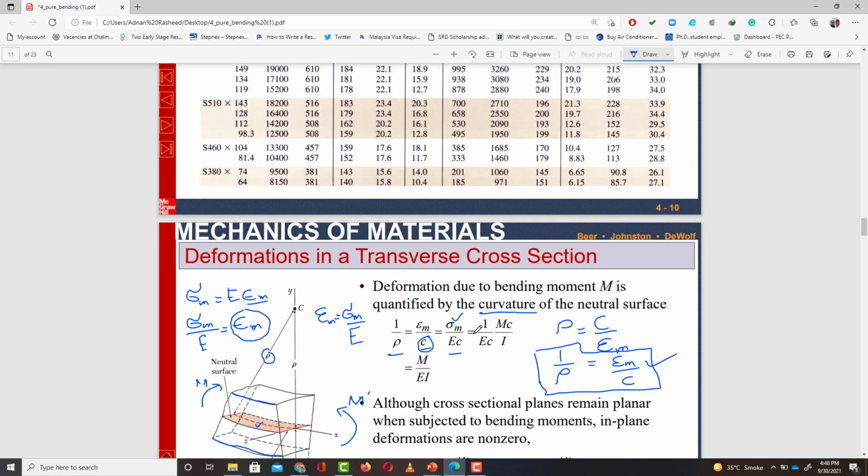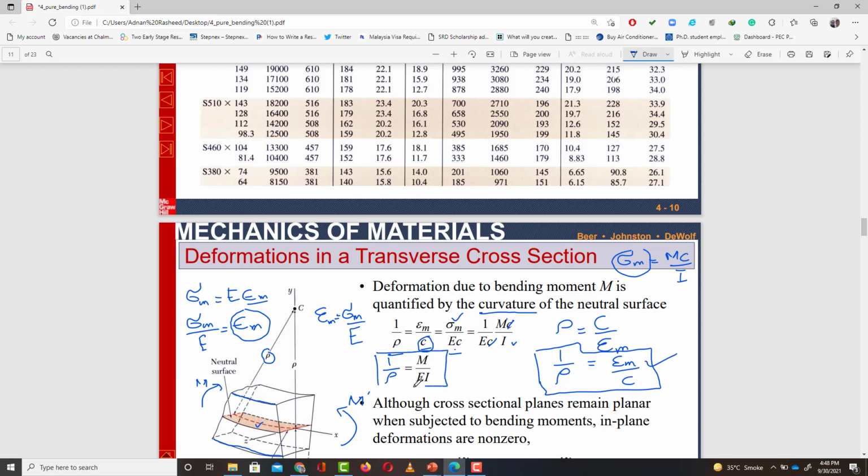Clear? Now you also know that sigma m is equal to Mc over I. When you put the value of sigma m here, 1 over rho will be equal to 1 over Ec times Mc over I. The c cancels out, so 1 over rho, which is curvature, will be equal to M over EI.